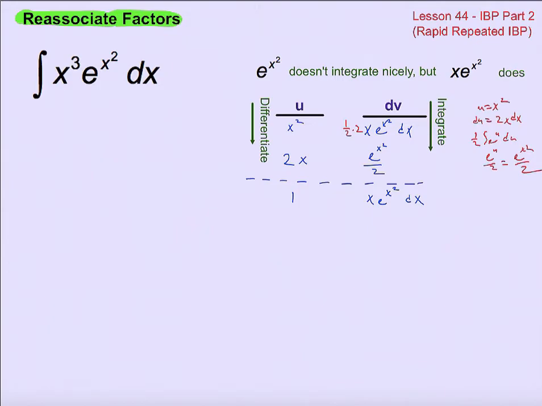And that looks familiar. So now when I keep doing my rapid repeated integration by parts, I will differentiate my u column, integrate my dv column, and we already know what this is because we just did this. Sorry, I had forgotten that dx all along because with rapid repeated integration by parts, we don't usually use it. I wanted to include it in this case just to show you what's happening in the background.